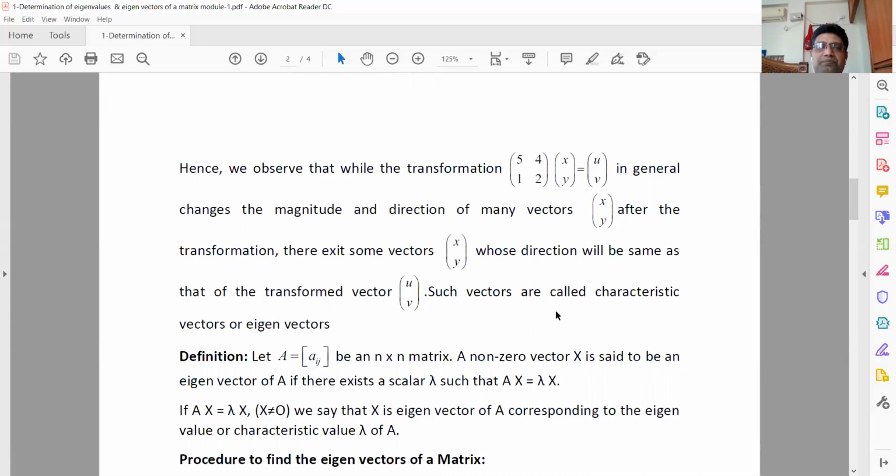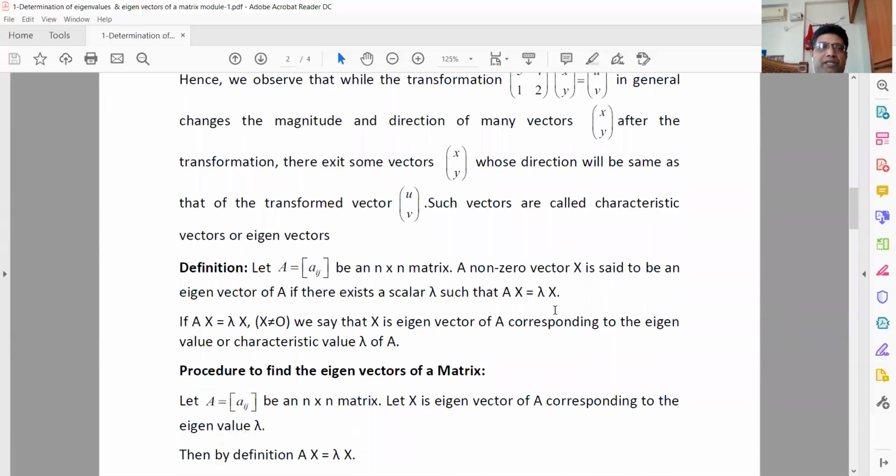Let us see the fundamental definition. Suppose A is an n by n matrix. A non-zero vector x is said to be an eigenvector of A if there exists a scalar lambda such that Ax equals lambda x. Whenever this condition is true for a non-zero vector x, we say that x is the eigenvector and lambda is the eigenvalue.